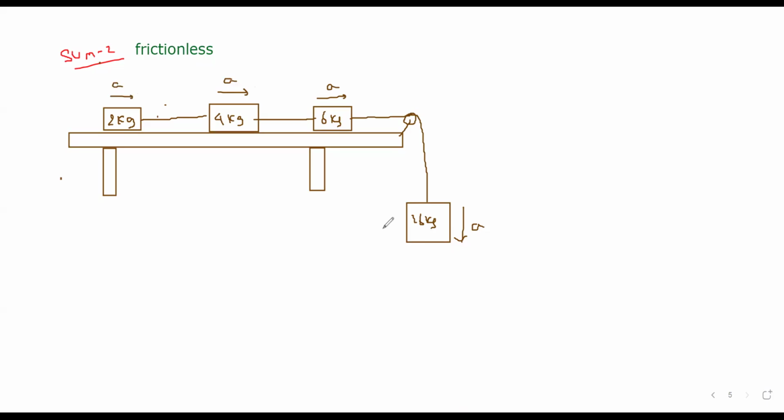What is the force acting here? mg acting downward, tension acting upward. Here m dash g acting downward, normal reaction acting upward, and let us take tension T1. T1 acting this side, T2 acting this side. This wire is a different wire, so the tension changes. For the 4 kg, m double dash g.